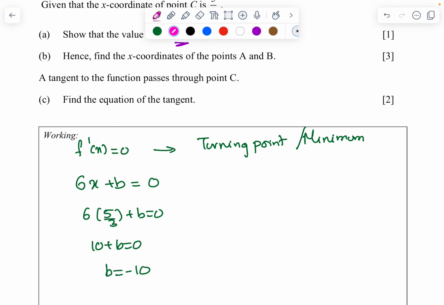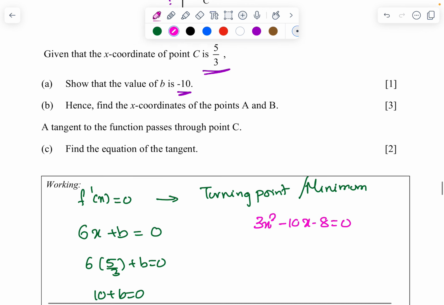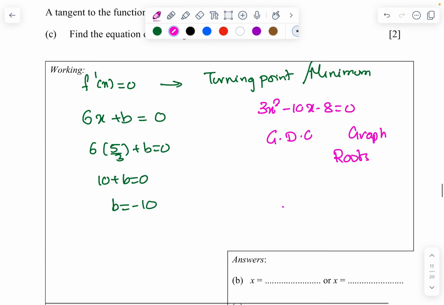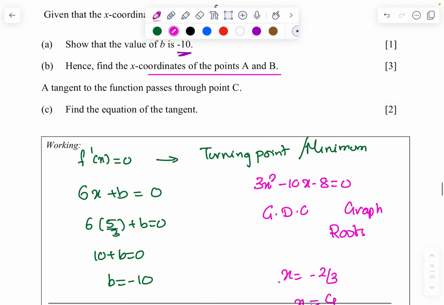So the equation now becomes 3x squared minus 10x minus 8 equals 0. Find the x coordinates of A and B. You can use the GDC, draw the graph and find the roots. You are going to get x equals minus 2 by 3 and x equals 4.